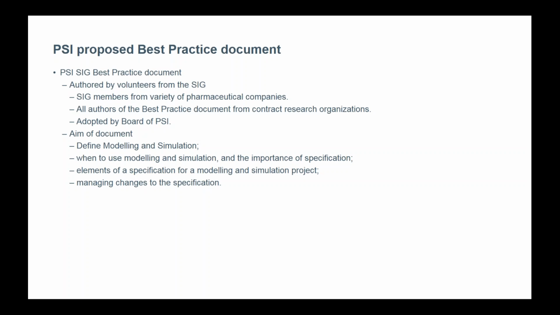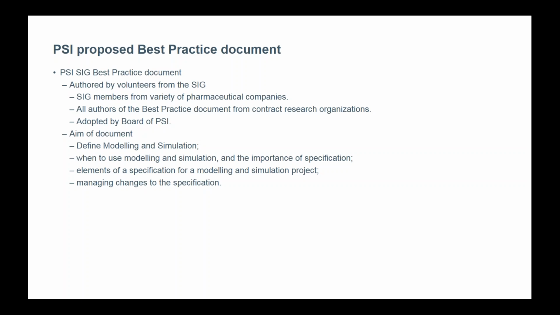We wanted to lay down some practical guidelines about when to consider using modeling and simulation versus other ways of assessing things. We laid out the elements of a specification for modeling and simulation project, and we covered managing changes to that specification.